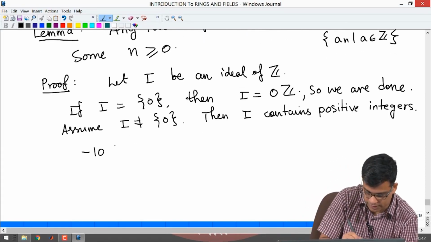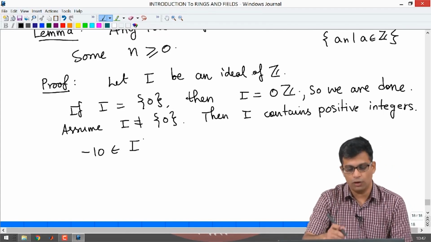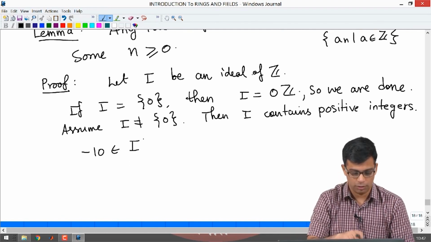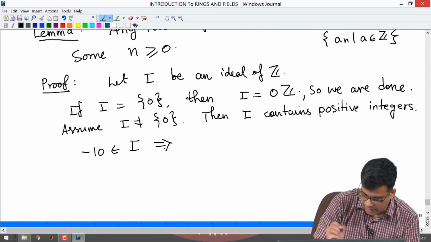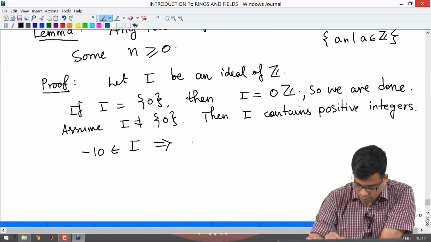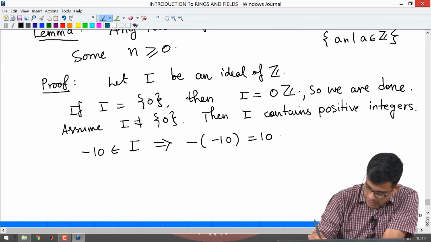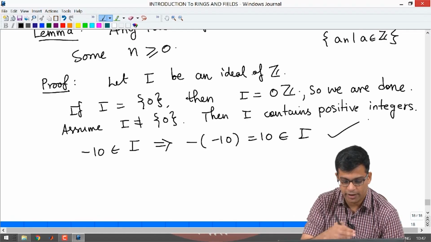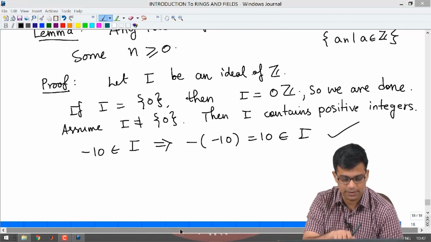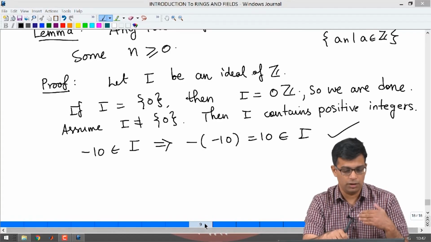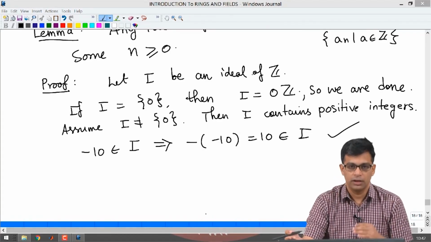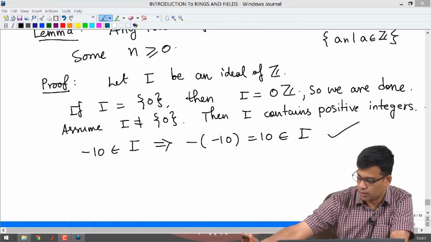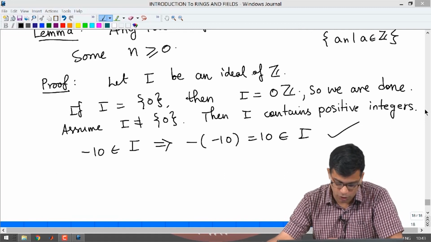If, for example, minus 10 let us say is in I, we know that I contains something non-zero. If it is positive, we are done. Suppose not, let us take a negative integer, but I is supposed to be a subgroup, right. So, minus of minus 10, which is 10, also belongs to I. So, I contains a positive integer. I contains some non-zero integers by assumption. If you happen to pick a positive number, you are done. Suppose you pick a negative number, you simply take its negative. So, I contains positive integers. I hope that is clear.